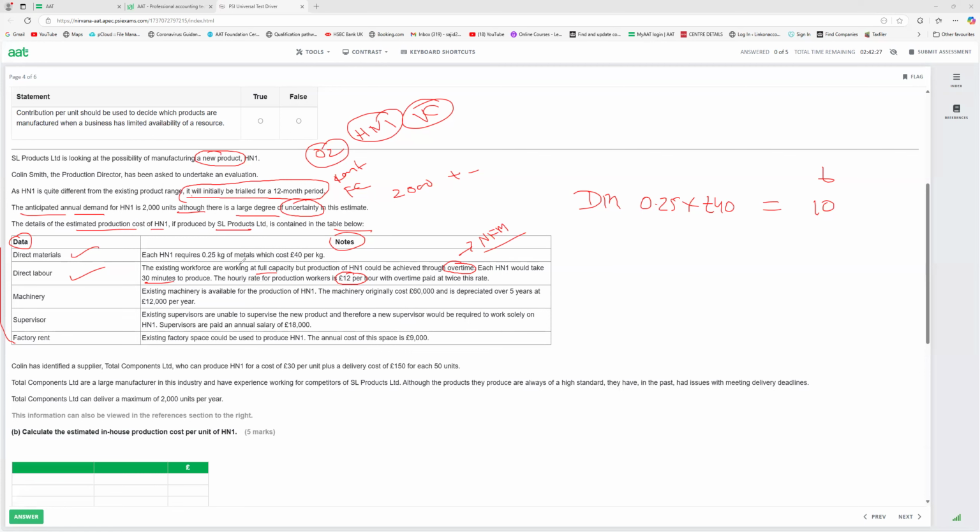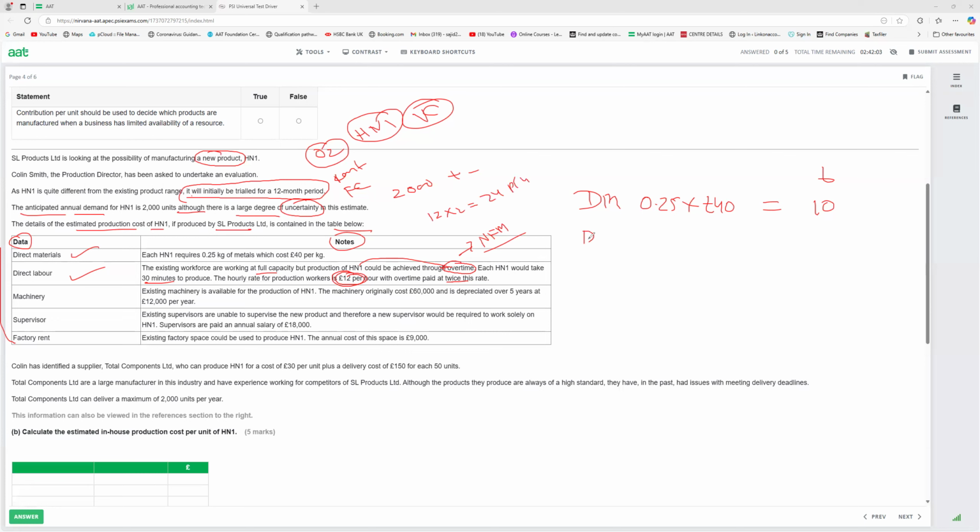For 1 hour you divide by 2, or you can divide by 60 and multiply by 30, the same thing. So the rate is 24 because HN1 will be produced using overtime, and the overtime rate is twice. So 12 multiplied by twice is 24 per hour.